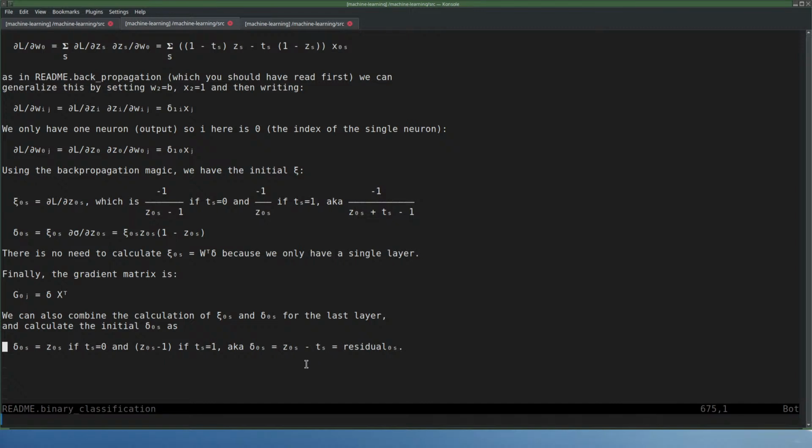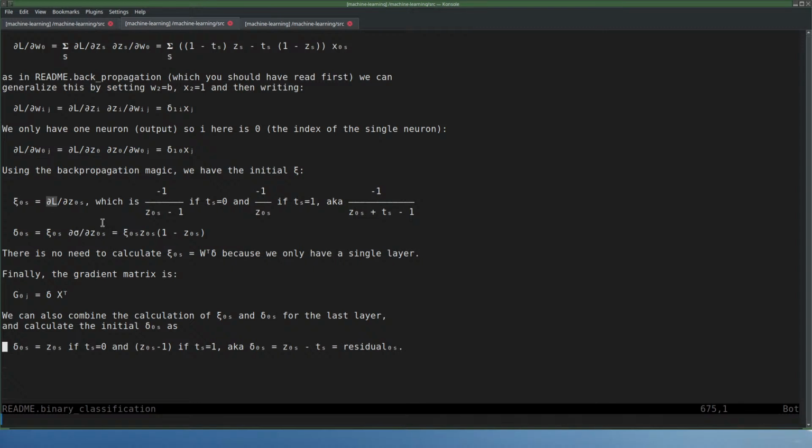But to understand that, you have to understand what delta and xi are. Well, xi was dl dz, and delta is xi times that, so that is dl dz times d sigma dz.